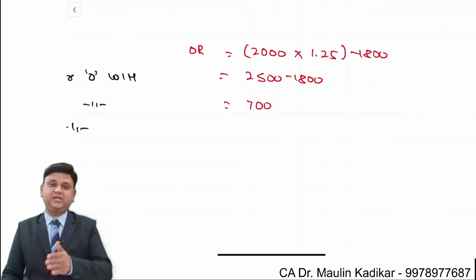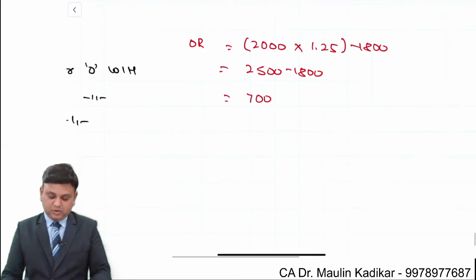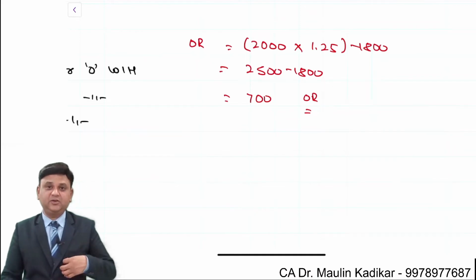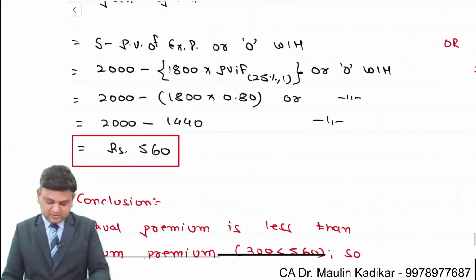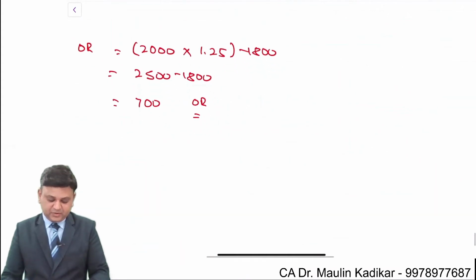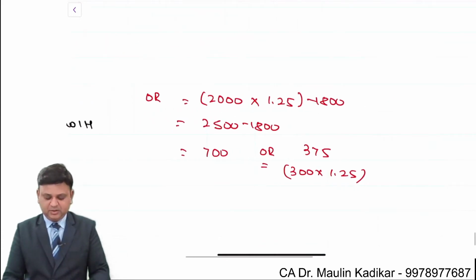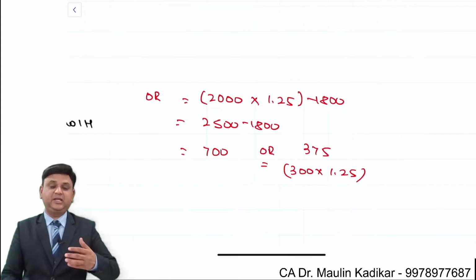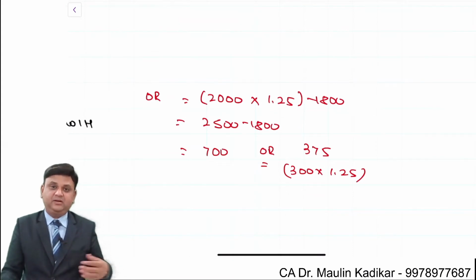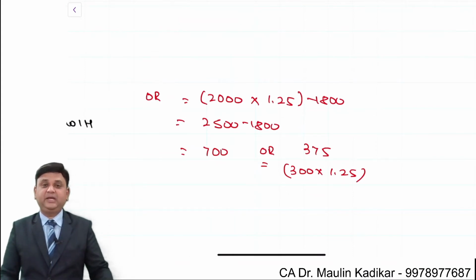However, this is calculated in the year end term. So you discount the same in present value term, or otherwise, you can make a comparison like this, that 300 into 1.25, that is 375. So the minimum premium in the year end term is 700 and actual premium in year end term is 375.